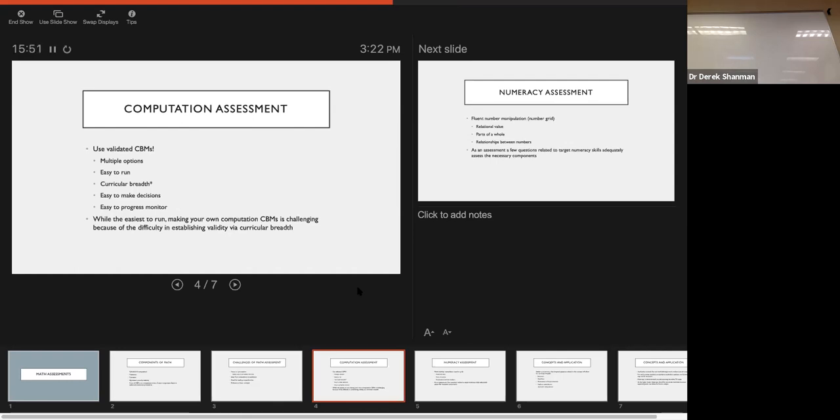The strongest part of our computation assessments, and this is why we rely on CBMs, especially for this, is the curricular breadth that they are able to encompass. So what do I mean by that? There are an infinite number of addition problems out there, right? Especially when you get out of your basic math facts.